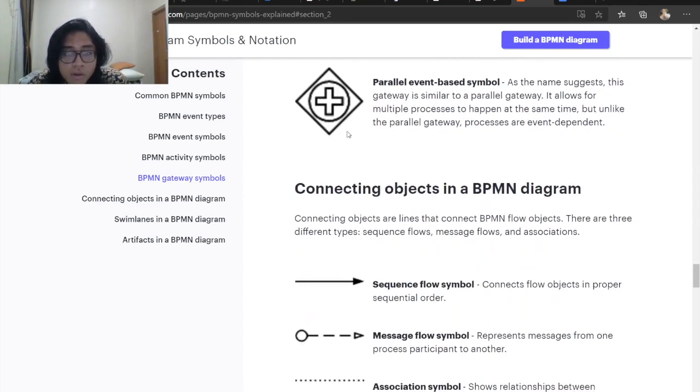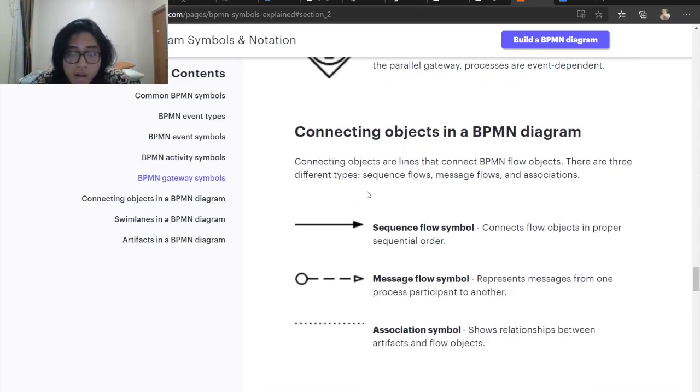In order to connect those tasks or gateways, we need a line that connects them. In the BPMN diagram, there are three different types of connecting lines: sequence, message, and association.